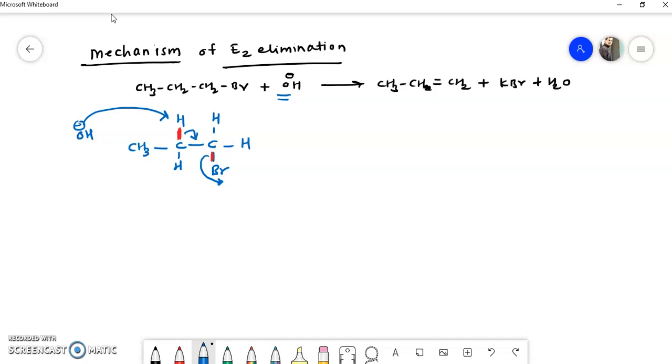This process takes place simultaneously, that means abstraction of proton, shifting of this bond and shifting of this bromide away.